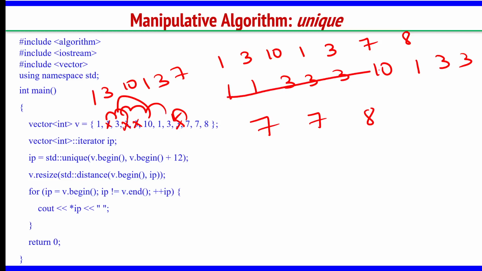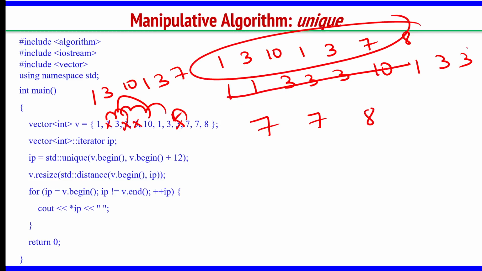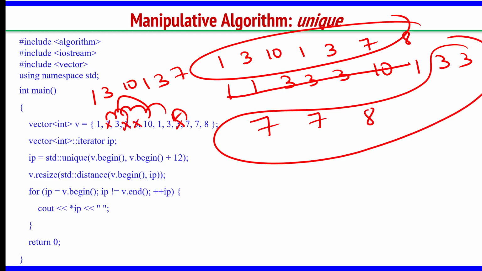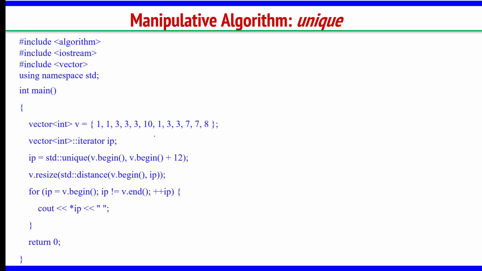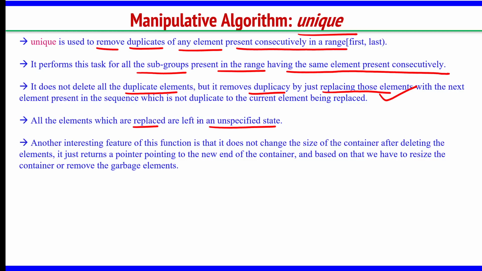So these elements are replaced with these elements. The remaining ones stay in an unspecified state, they exist like that only in the array. Okay, they are not deleted, right, but we are maintaining this count, we are maintaining this range, right.